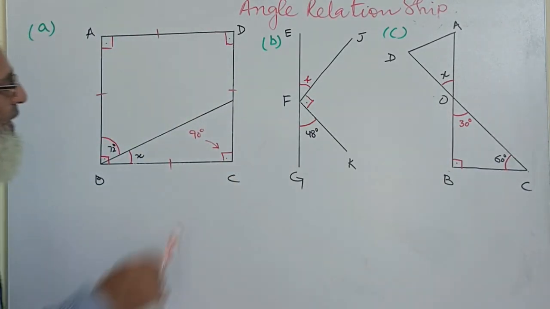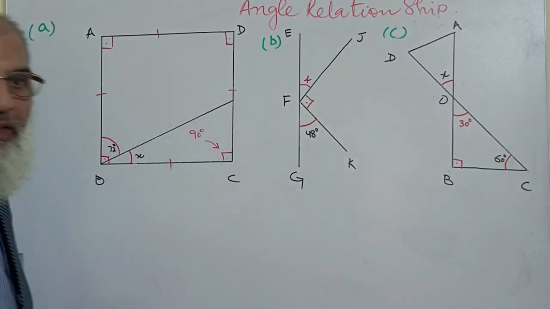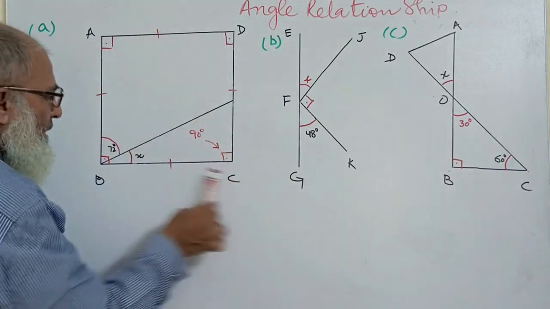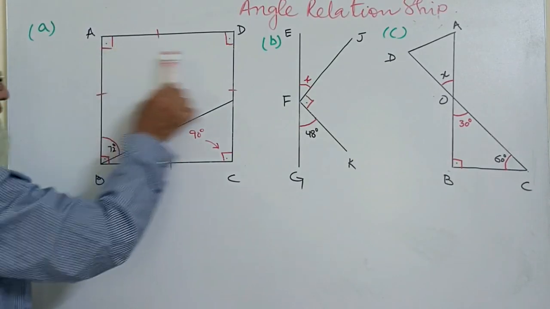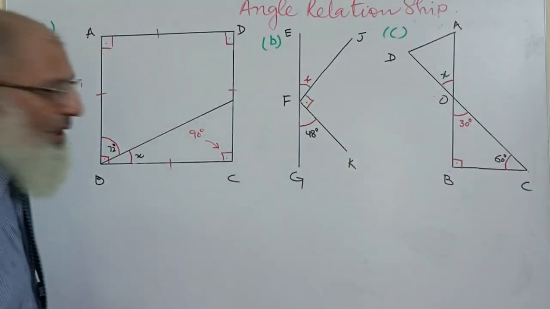All the sides are equal, and this sign represents that this is a right angle, so it forms a square. When all the angles are right angles and all sides are equal, then it represents a square.